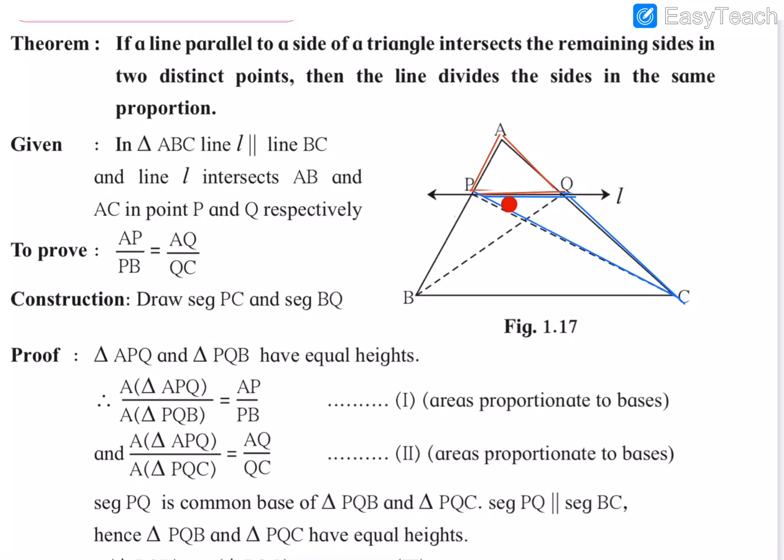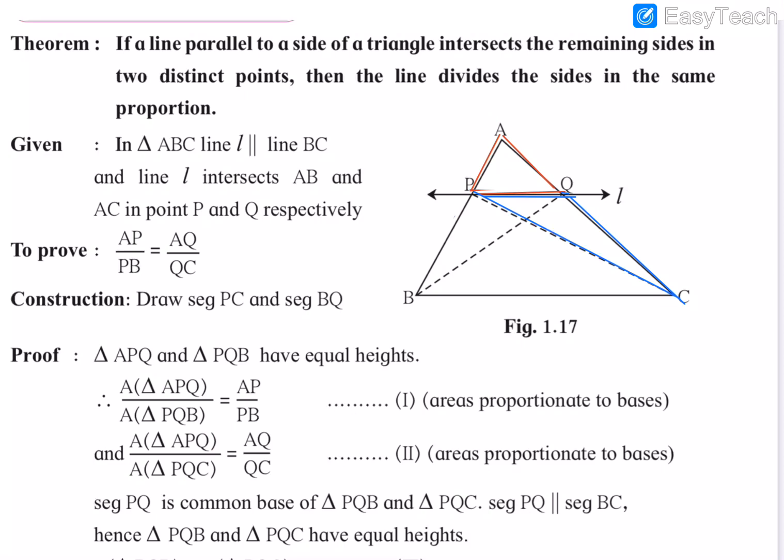In the same way, next we are considering this APQ and the triangle PQC. So we first considered PQB, now we consider PQC. When we draw a perpendicular like this, these two triangles will also have same height. So the ratio of their areas will be equal to the ratio of their bases. Since height will be equal, when we write half b h by half b h, we can cancel height and half, so only base will be remaining.